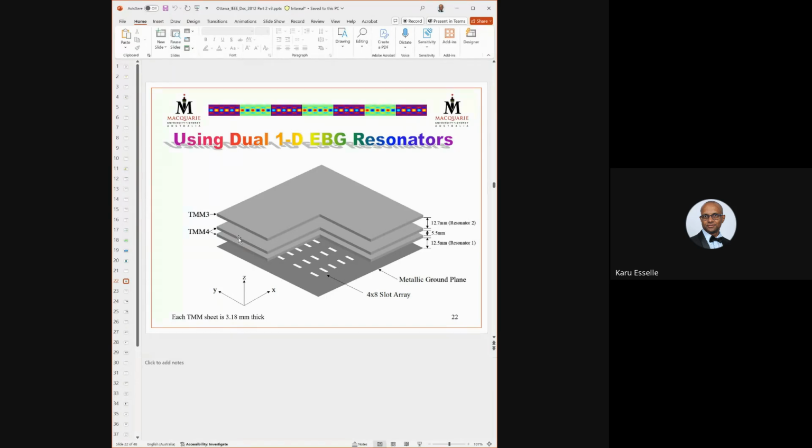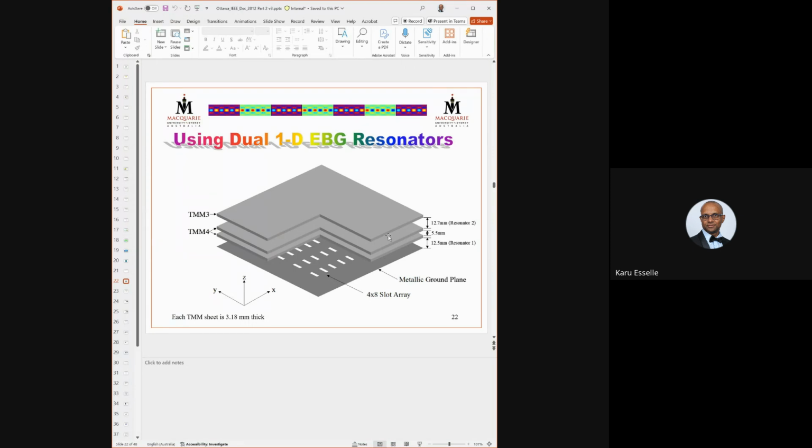These two are TMM4, this is TMM3. They have different dielectric constants. The gaps are different. This is 5.5, this is 12.7. So the superstructure itself has dual gaps.